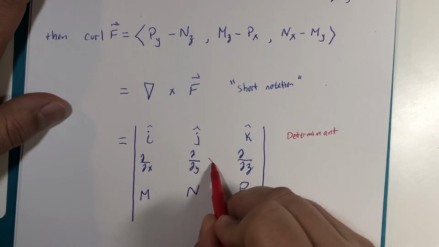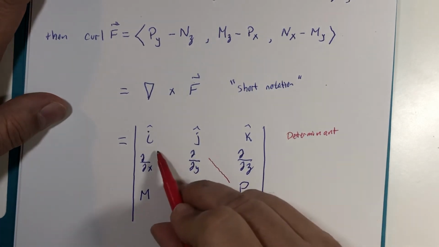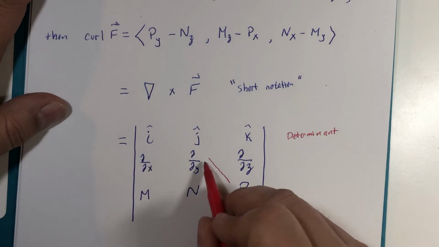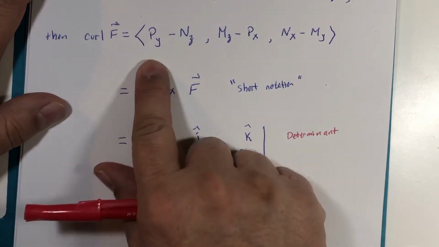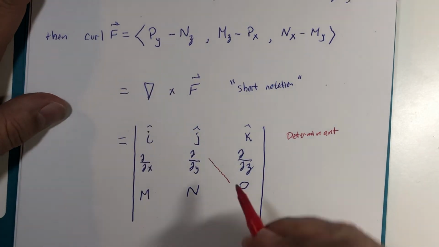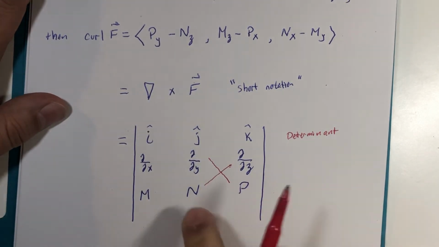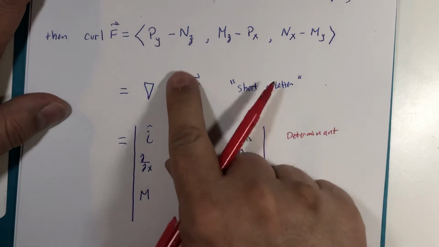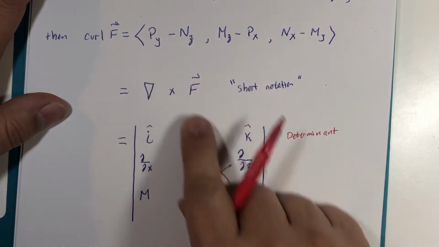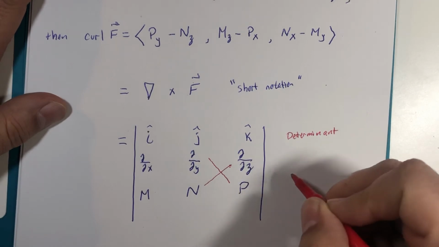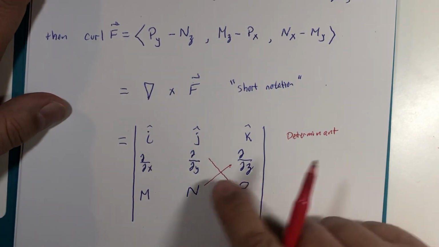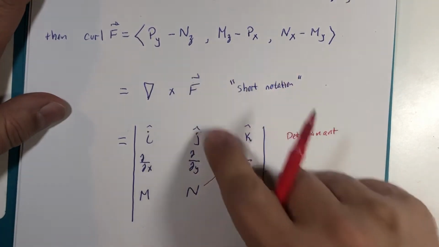There's this little shortcut. So, to find the x component, it's the p with respect to y, which was the first term here, minus n with respect to z, which is that's here. If we were to continue using the method expansion by minors, there's a connection between cross product and this formula here.